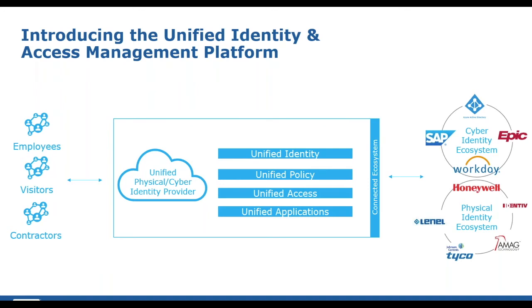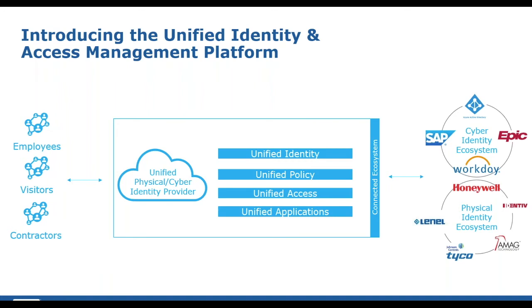So that's really where it comes down to. I want to introduce this concept of a unified identity and access management platform. The advantages of a unified identity and access management platform is that you can, one, unify your identity management across both your physical and your cyber or IT identity ecosystems. You can unify access policy across all of your buildings and environments, wherever they may be.